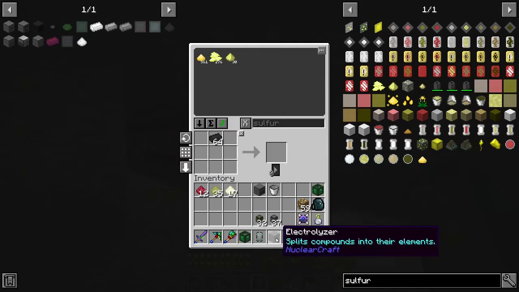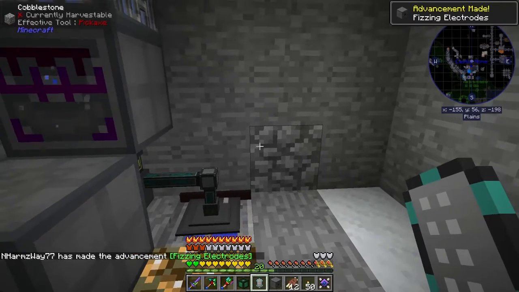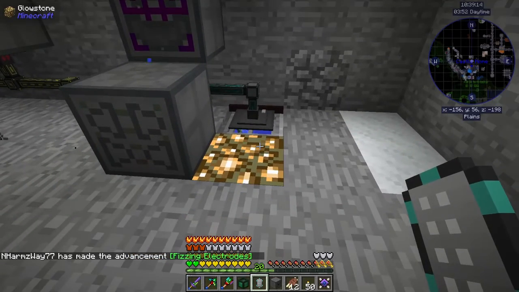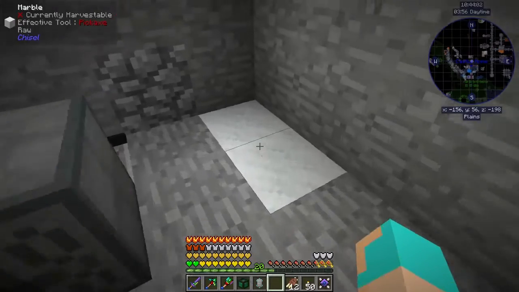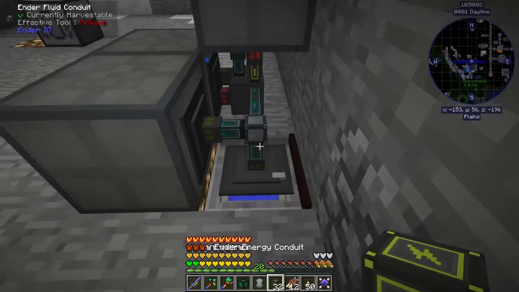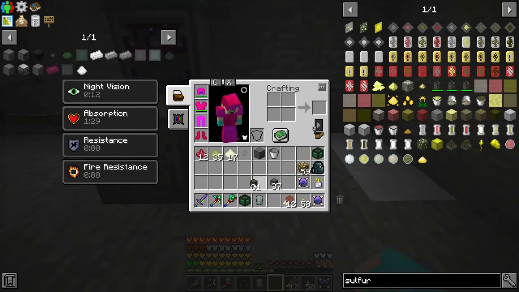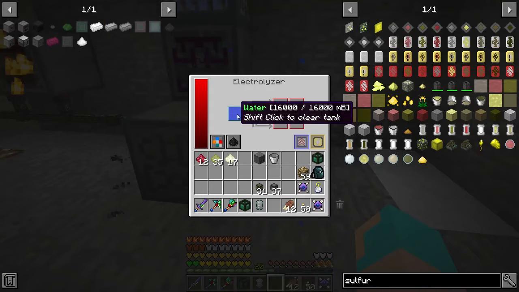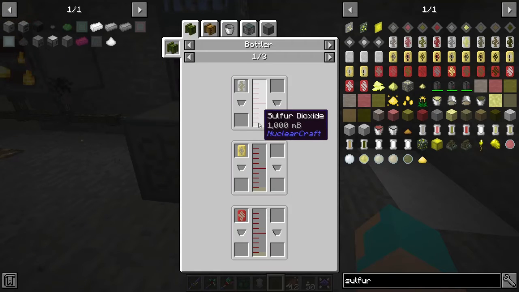Electrolyzer. Boom. Now the electrolyzer also requires water. Okay. Electrolyzer is getting its water. Also requires power. Electrolyzer is getting its power. And from the water it should be making oxygen, right?